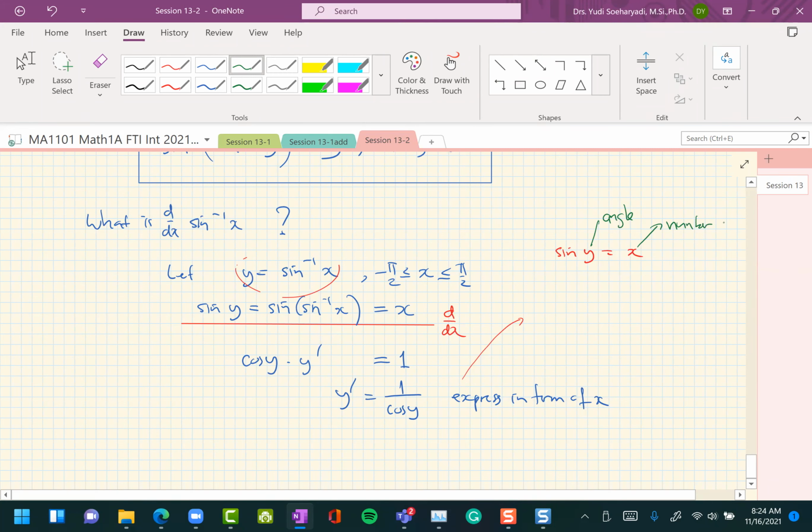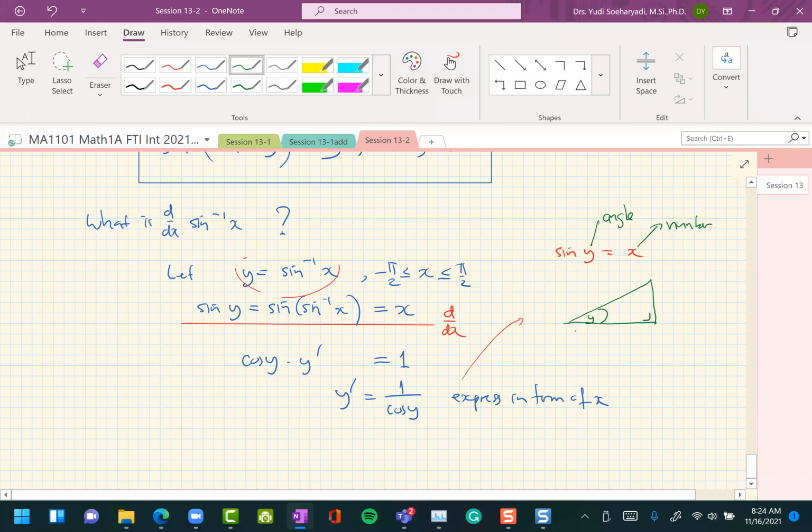So you can draw the diagram. This is y, the angle. It says the sine of this angle is x.